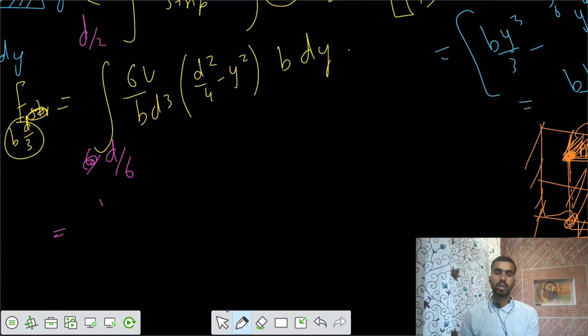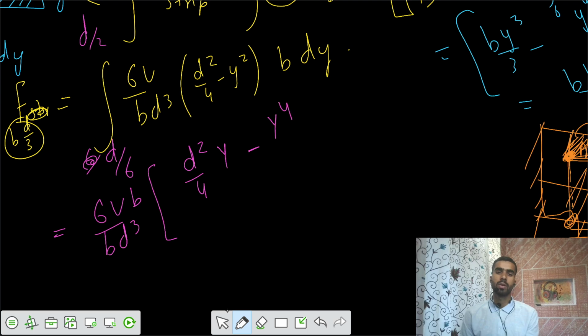So this is 6V by bd cube, and we have b also outside. We have a value of d square by 4, and after integrating you get y also, then minus y cube by 3, and you put the limits d by 6 to d by 2.